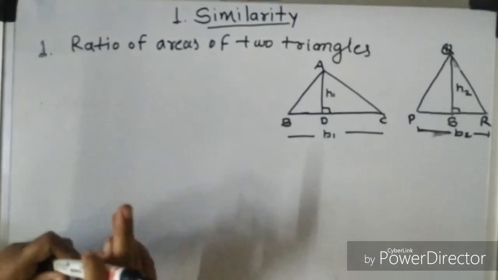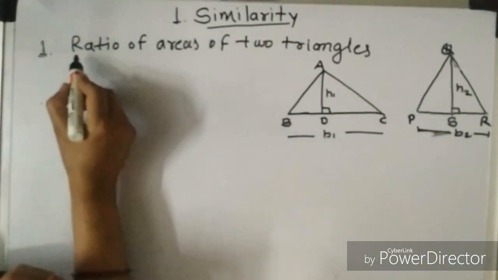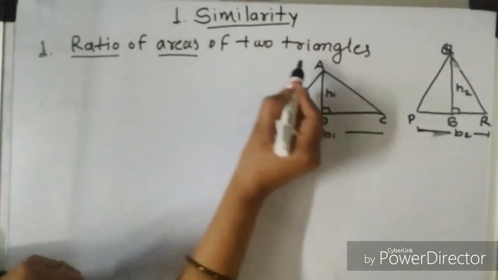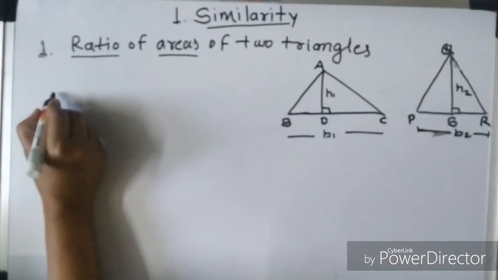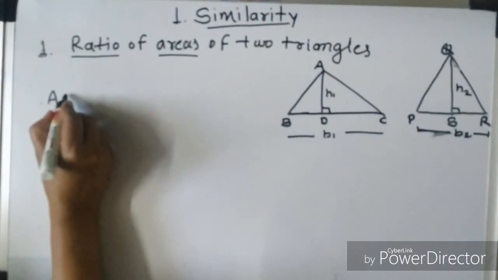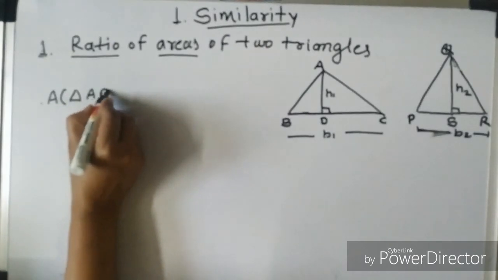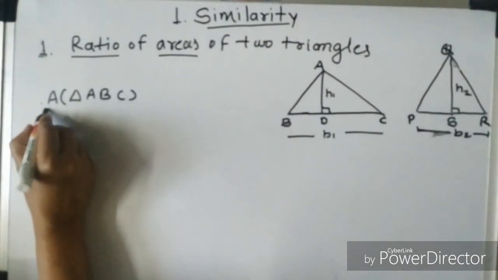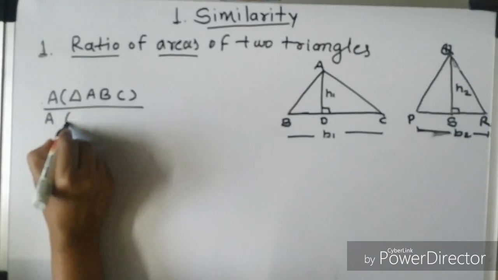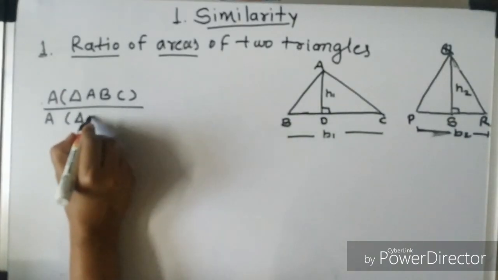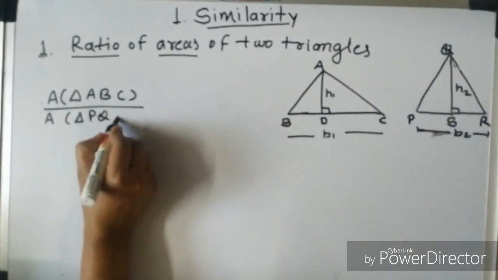What we have to calculate is the ratio of areas of the two triangles. So we write the ratio: area of triangle ABC divided by area of triangle PQR.